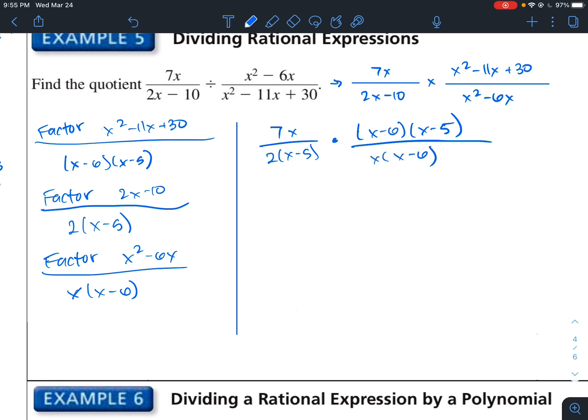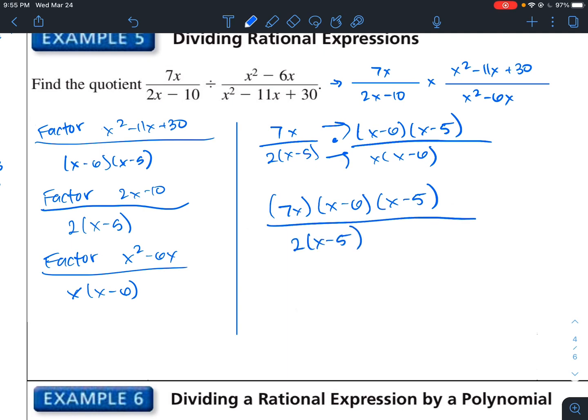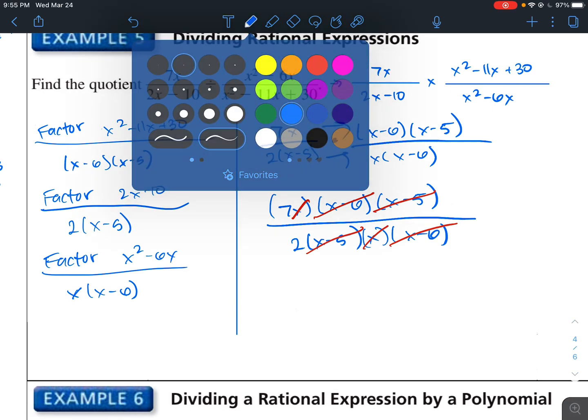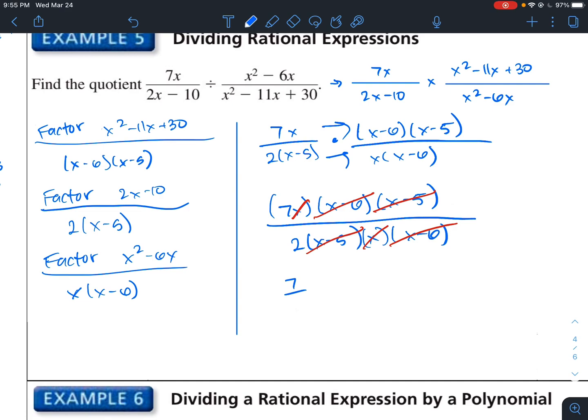Now I can multiply, so I get 7x times x minus 6 times x minus 5 over 2 times x minus 5 times x minus 6. Now it's time to eliminate factors. I have x minus 5, x minus 5, x minus 6, x minus 6, and x and x. So I'm just left with 7 divided by 2.